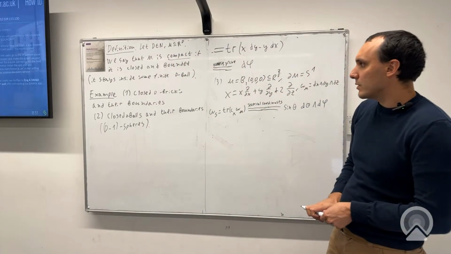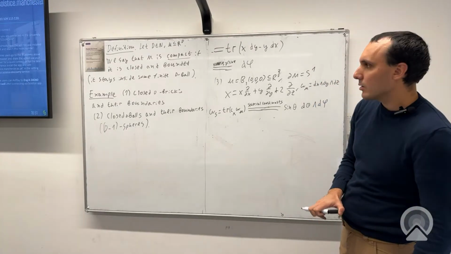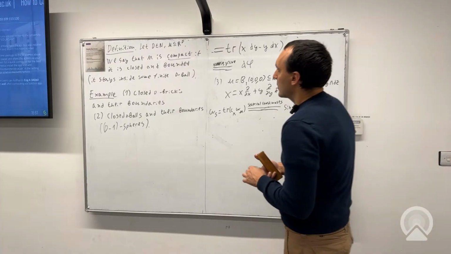So all circles, spheres, closed disks are closed, and both are compact sets.